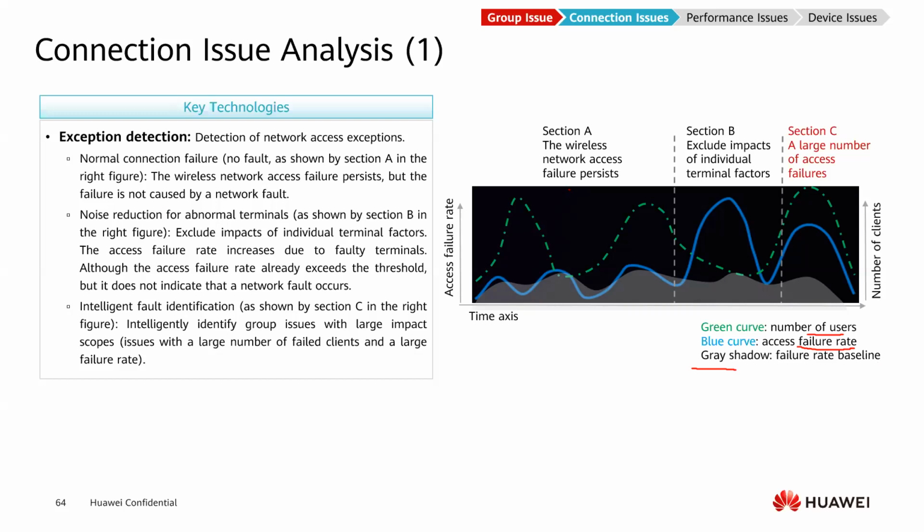In the first part, whenever users access our network, the access failure has happened and it's just normal. The second part tells you that several users accessed our network, but some access failures happened, and this kind of failure is individual.